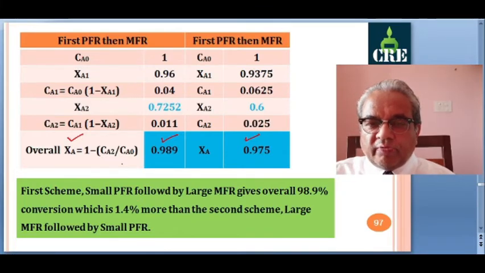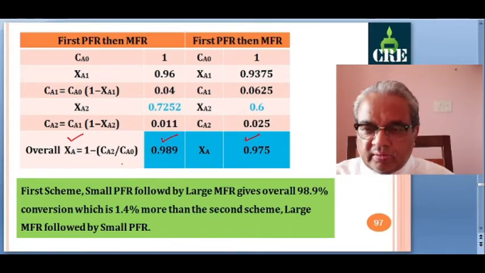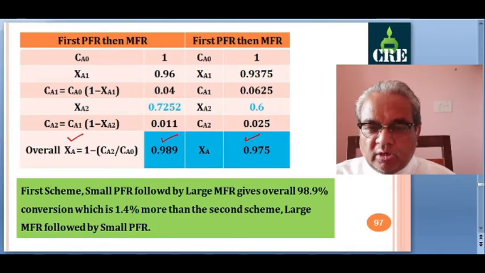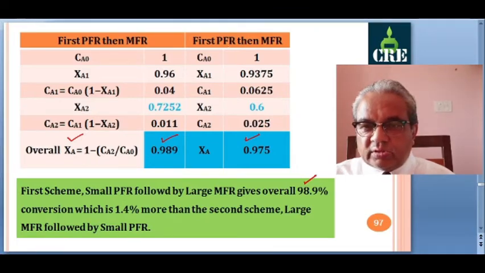So here first case is small PFR followed by large MFR, giving you 98.9% conversion, which is 1.4% higher than the second scheme, that is large mixed flow reactor followed by the plug flow reactor.